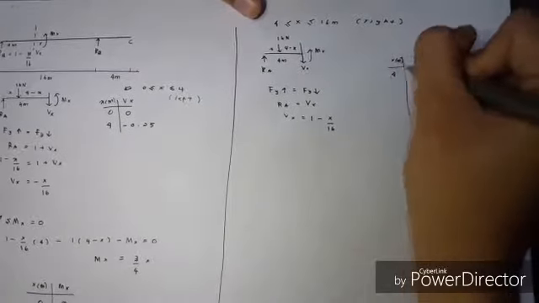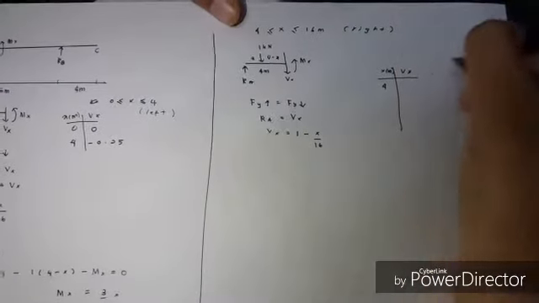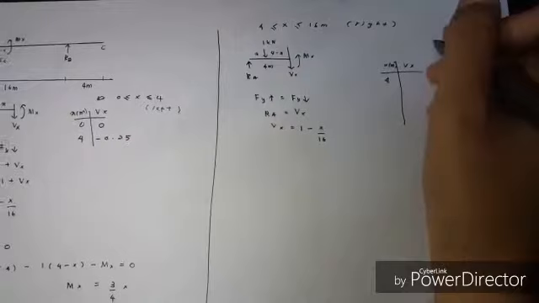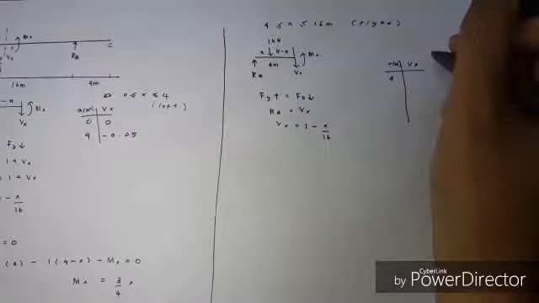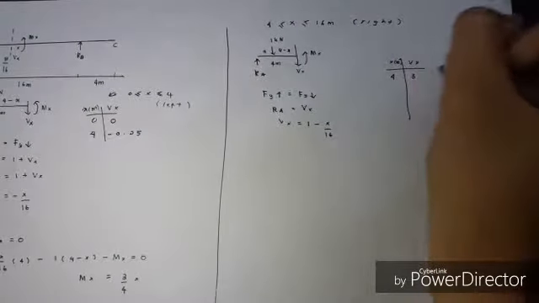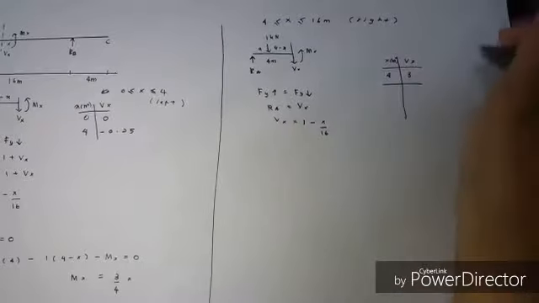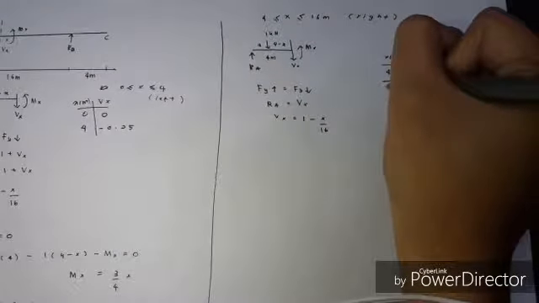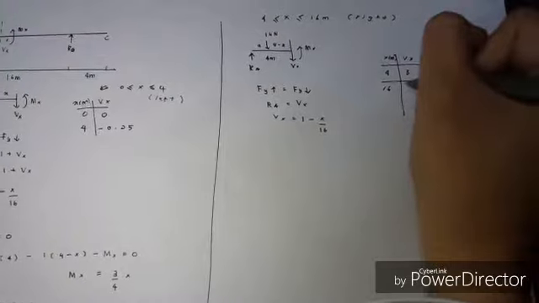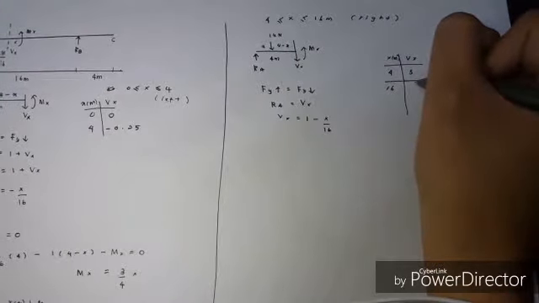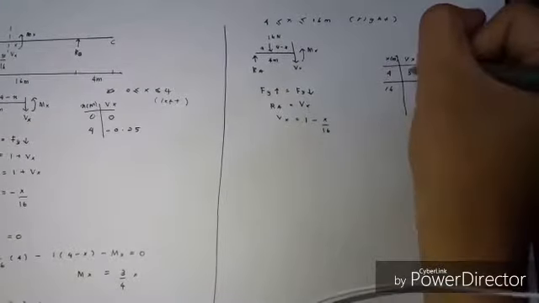When x equal to 4 meter, then we got value Vx is... sorry.